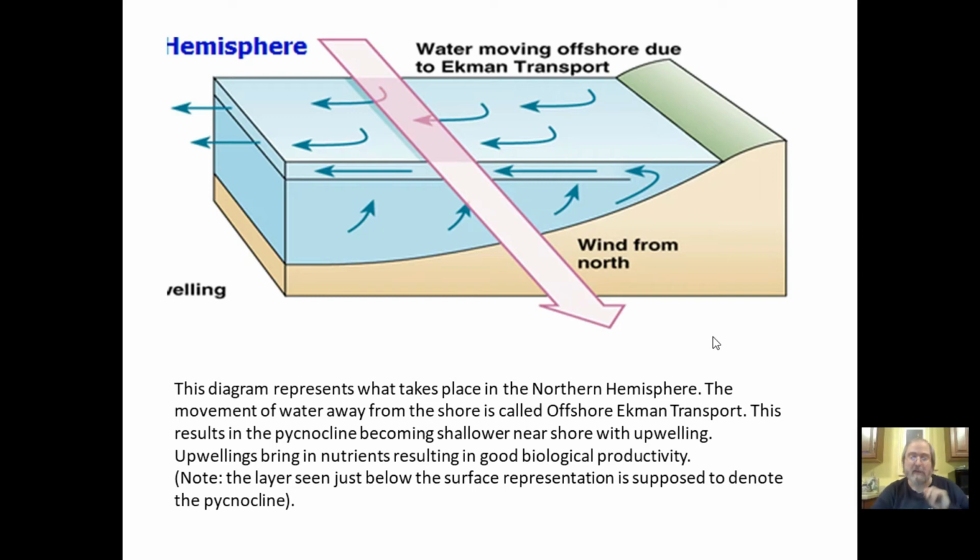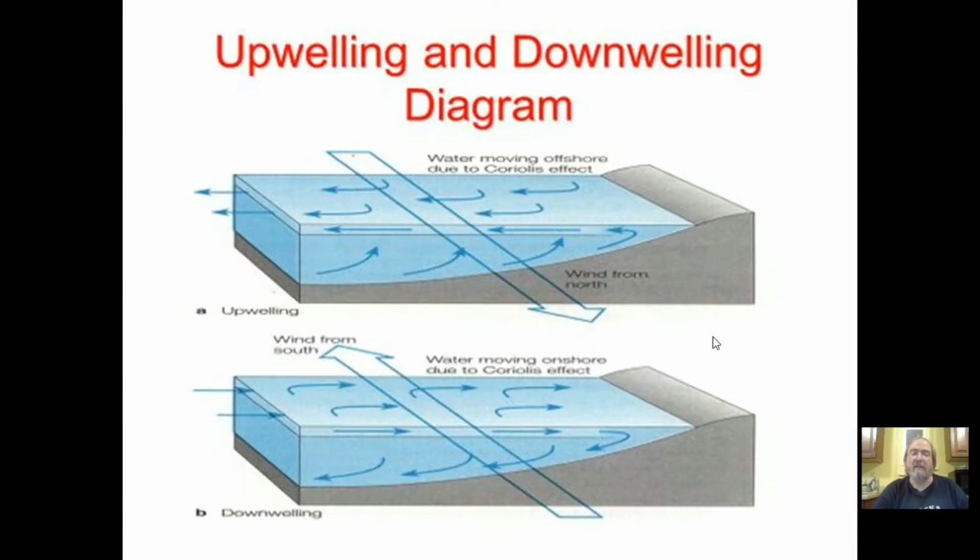It's all tied together. And this is just kind of puts the two together. Right? Water moving offshore due to Coriolis effect to get upwelling, good productivity. Wind's going this way, wind goes this way. Water moving onshore, you get downwelling, poor productivity.